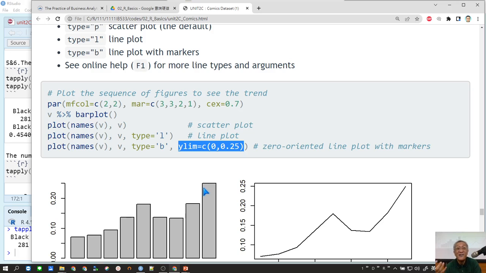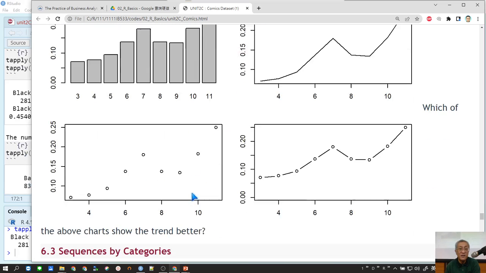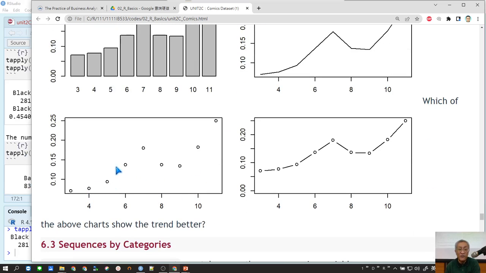This is another thing that could be very useful in the business context. In R, in order to visualize the data, there is a function called plot. With plot, you can give it the x and y value of every data point, and then the x and y value of the data point will be plotted in a scatter plot.